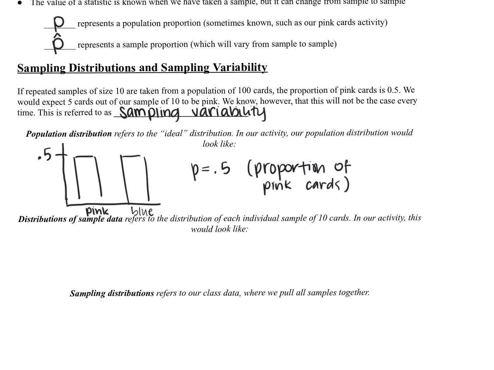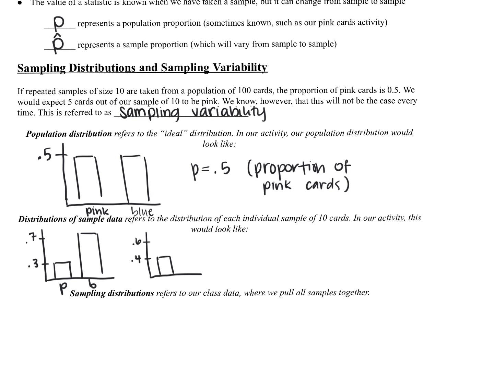So our distribution of sample data refers to the distribution of each individual sample of 10 cards. So for example, in the example we looked at, we had 0.3 pink, which means 0.7 were blue. If I did it again, I could have had 0.4 and 0.6.